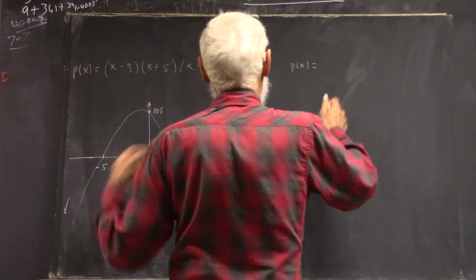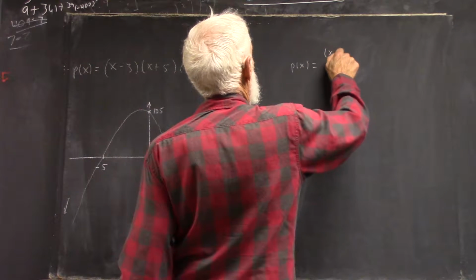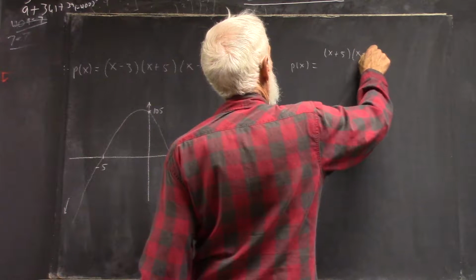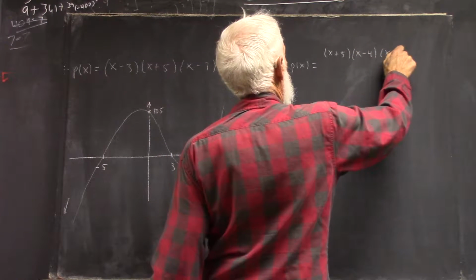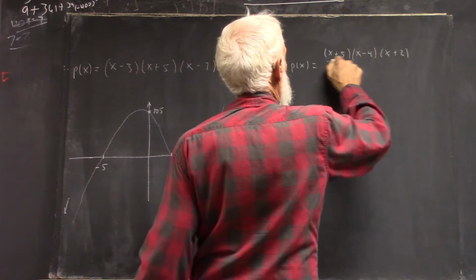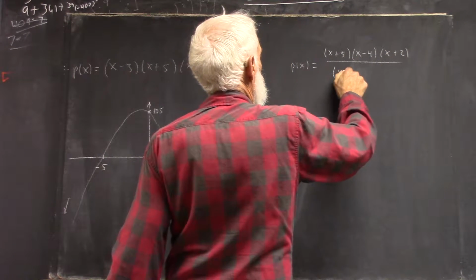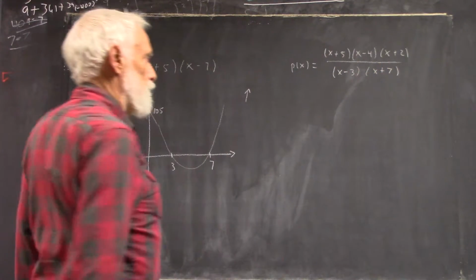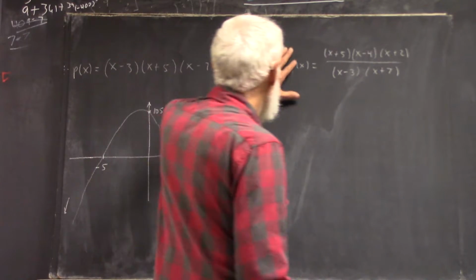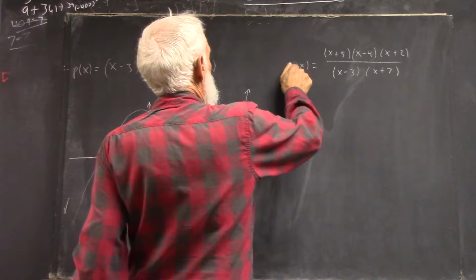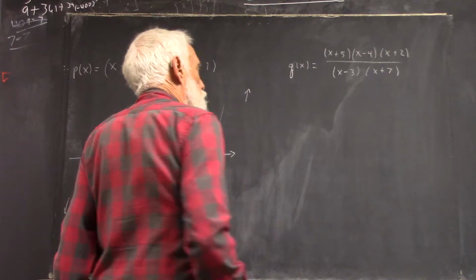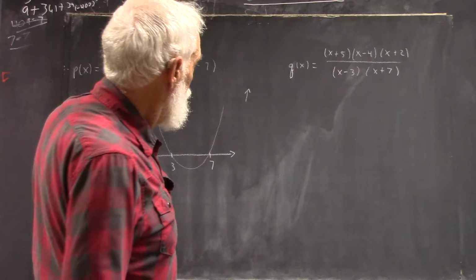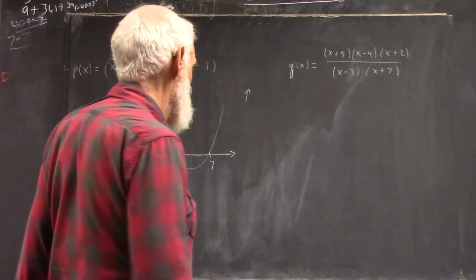But let's say you got this. And that's not a polynomial, that's a rational function. We often use Q for ratios. Okay. So we're going to call that Q of x.